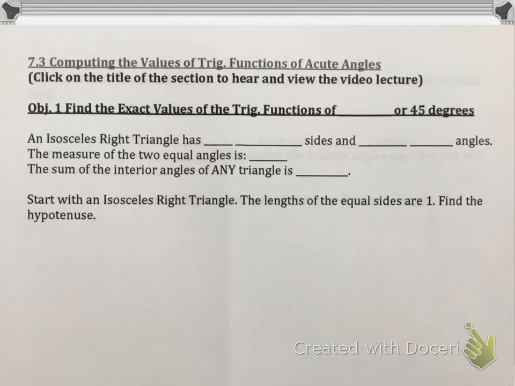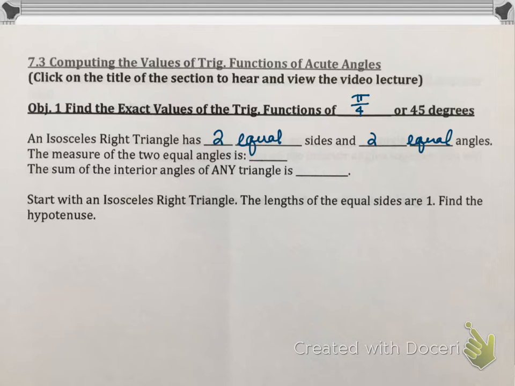All right, so the first objective is finding the exact value of a trig function of 45 degrees, or in radians, pi over 4. An isosceles right triangle has two equal sides and two equal angles.